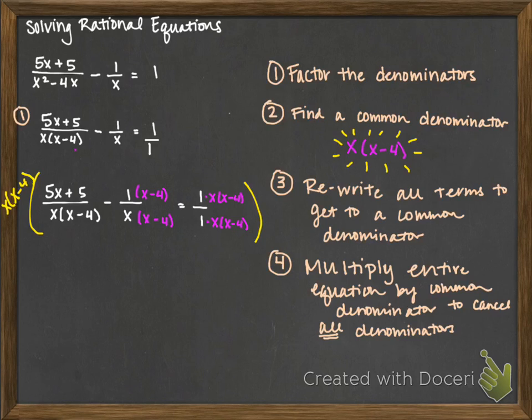So really, when we're distributing this multiplication, we are canceling out every single one of our denominators with what we're multiplying by. So we have effectively wiped all the denominators in one fell swoop. So we are left with the 5x plus 5 minus 1 times the quantity x minus 4 equals our 1 times x times the quantity x minus 4.